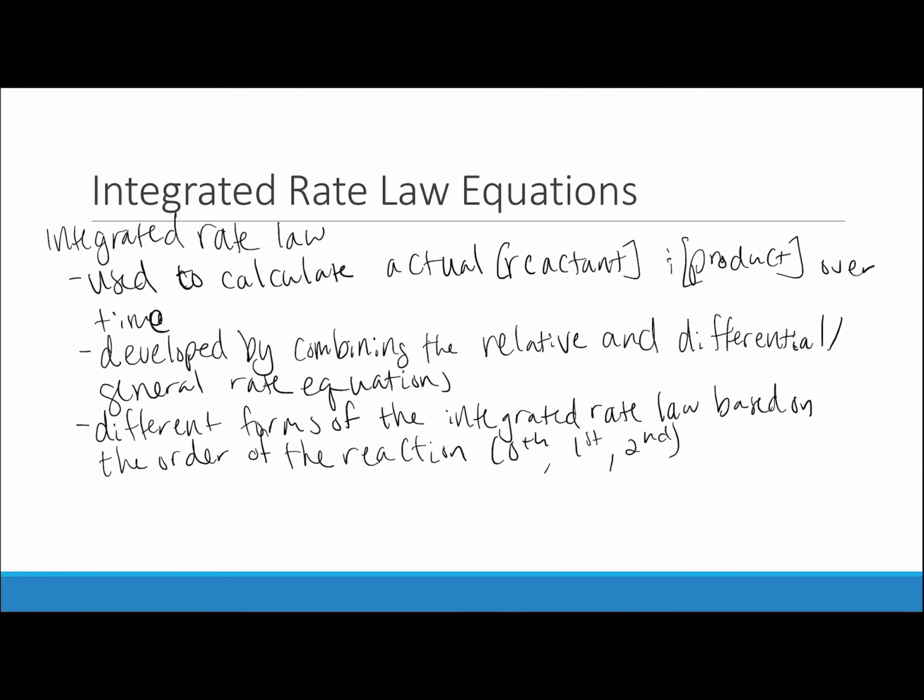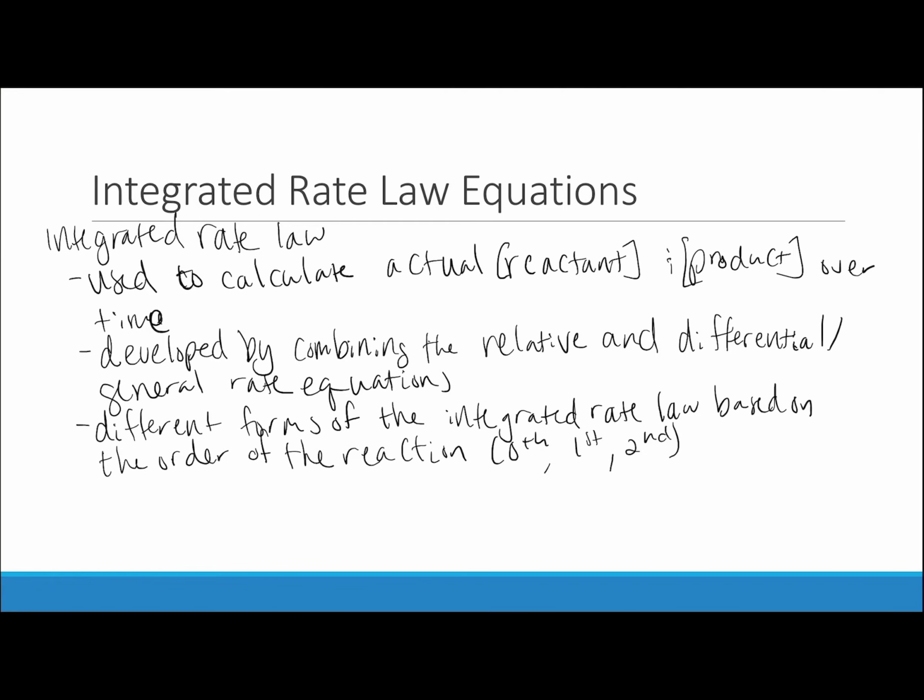In addition, we're only going to be looking at integrated rate laws for zeroth, first, or second order processes where we only have one reactant, or a pseudo first order process, where we're first order in one substance, but we have a second order process.